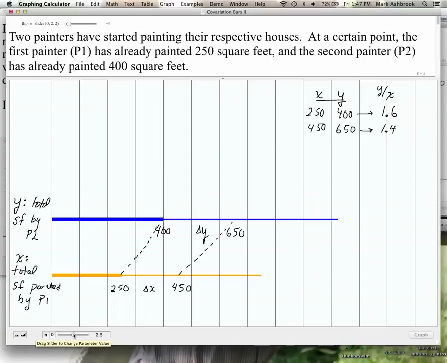Is the relative size of the change in the amount painted by painter 2 maintained relative to the change in the amount painted by painter 1? Everybody do it. No just watching the screen. Get involved.